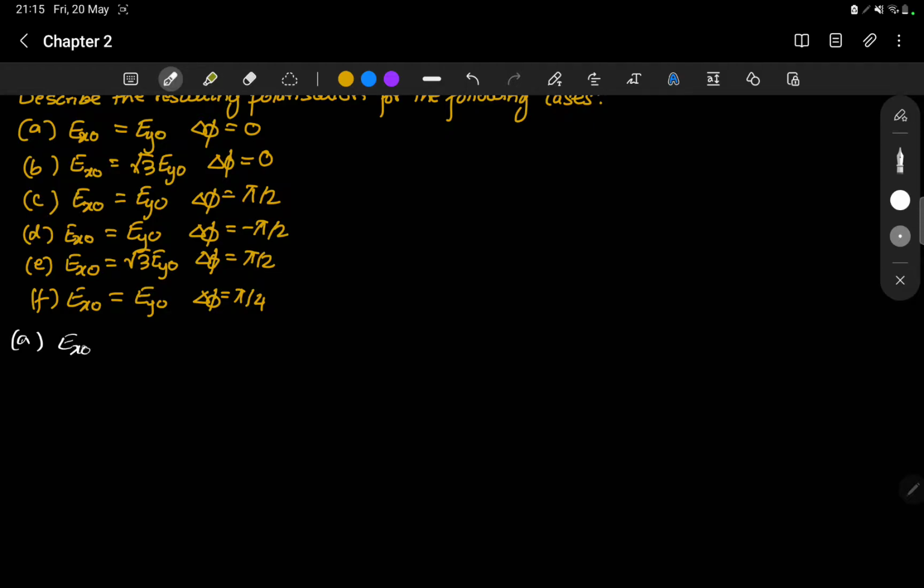The first case says Ex0 equal to Ey0 and delta phi equal to 0.